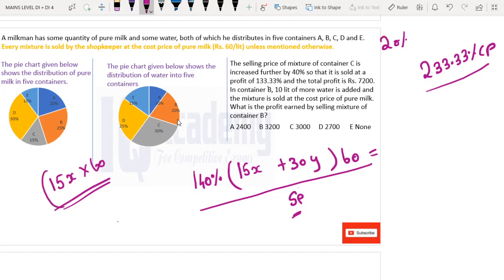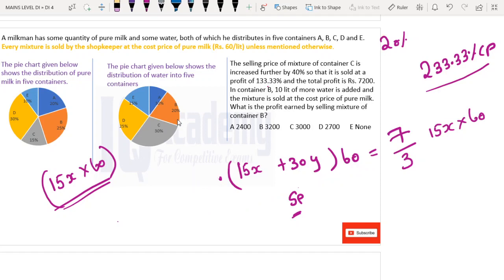We know that here CP is 15x into 60. So instead of 233.33%, we can write it as 7 by 3 of CP, and instead of 140%, we can write it as 7 by 5.